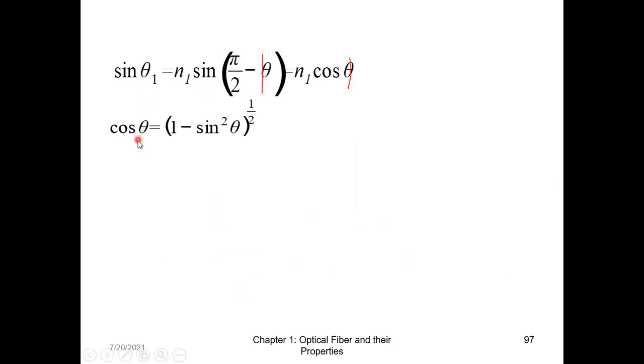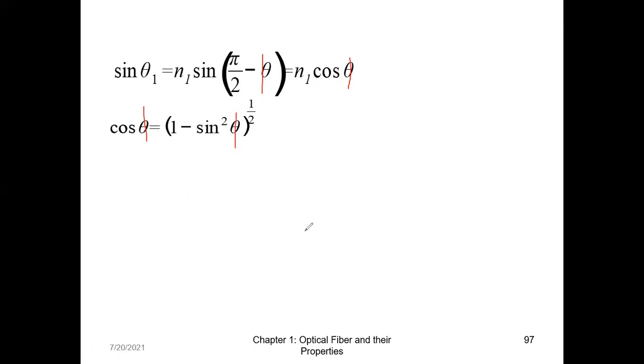Instead of cos, I want it in terms of sine. So your cos phi, I hope now you will make this phi, no need for me to write it every time. So I am converting cos into sine. So cos phi is equal to square root of 1 minus sine square phi.